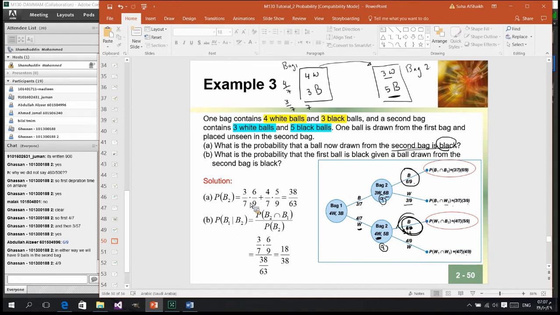What is the probability? This plus this. So 3 over 7 times 6 over 9 plus 4 over 7 times 5 over 9. The total is this one. So this is the probability that we get a black from the second bag. Okay? Clear?